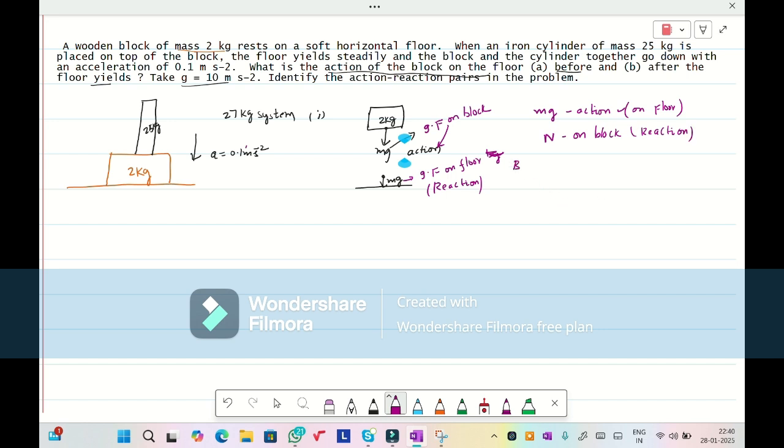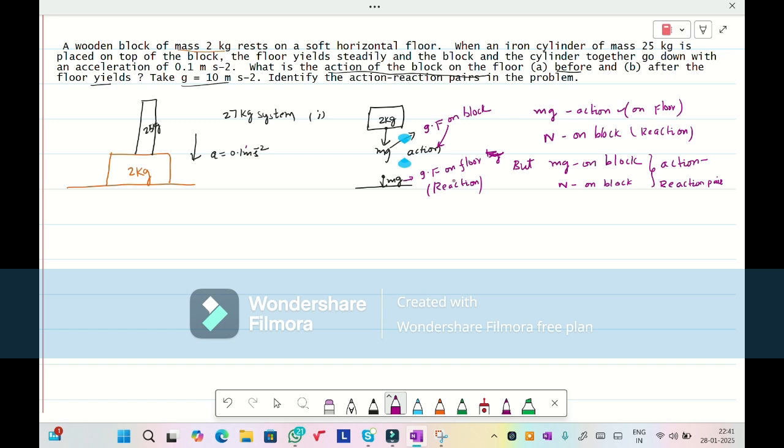But mg on the block and the normal force, also on the block, are not an action-reaction pair.